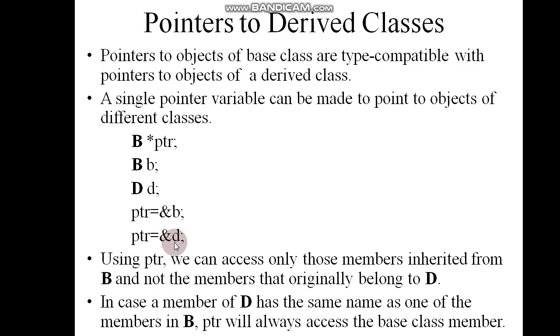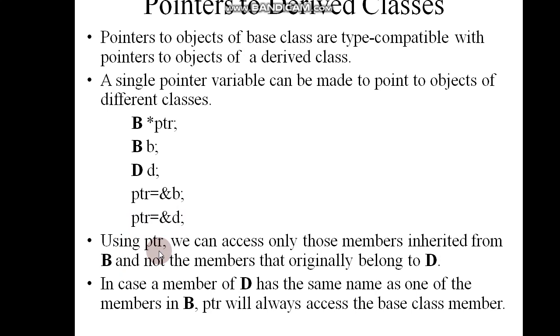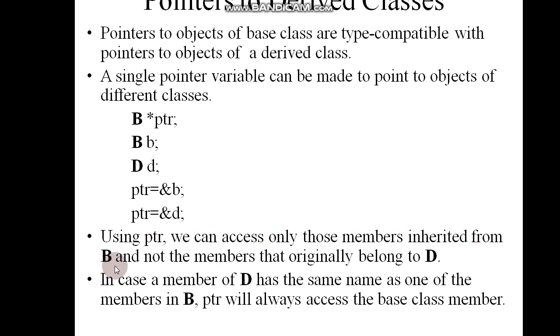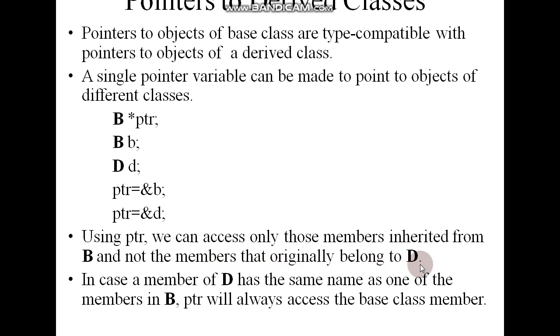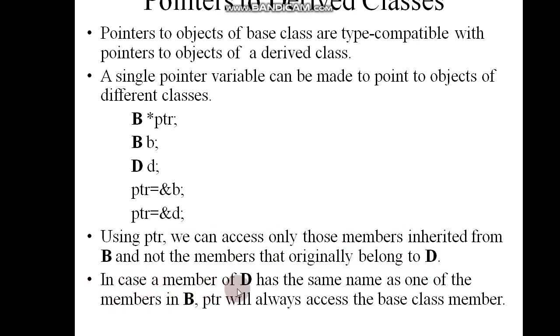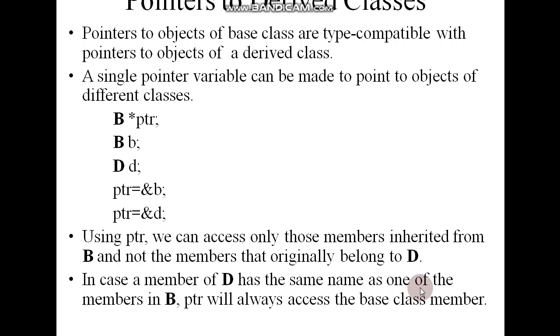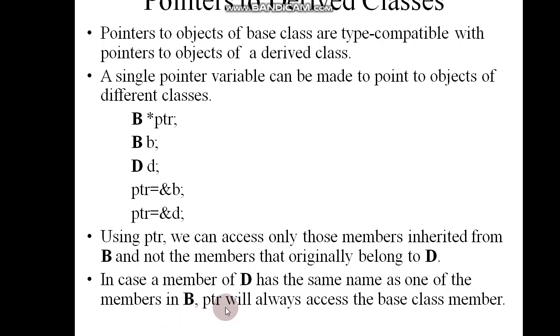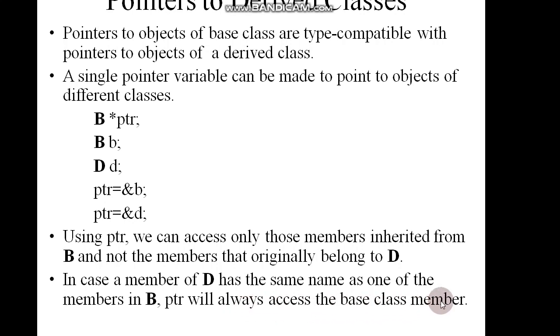Even though we are storing the address of a derived class object, using this PTR we can access only those members inherited from B and not the members that originally belonged to D. In case a member of D has the same name as one of the members in B, PTR will always access the base class member.